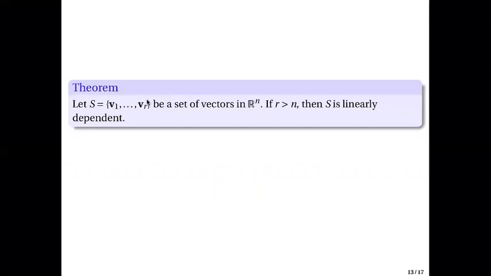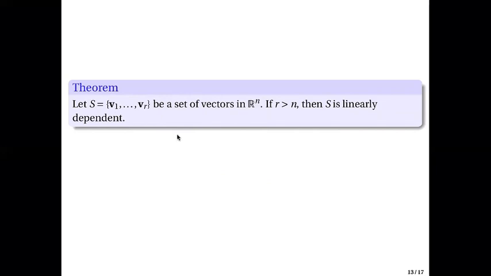Okay, look at this. You have the set containing the vectors v1, v2 until vr, and this is a set of vectors in Rn. Take note of this, Rn.